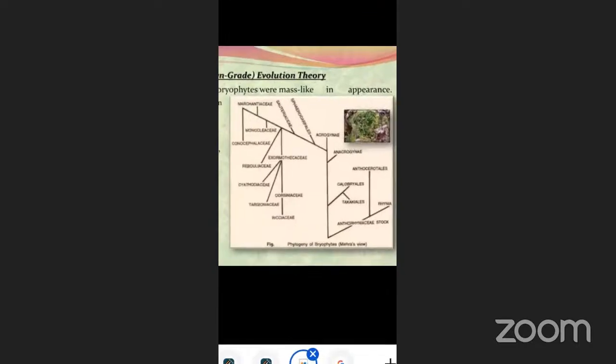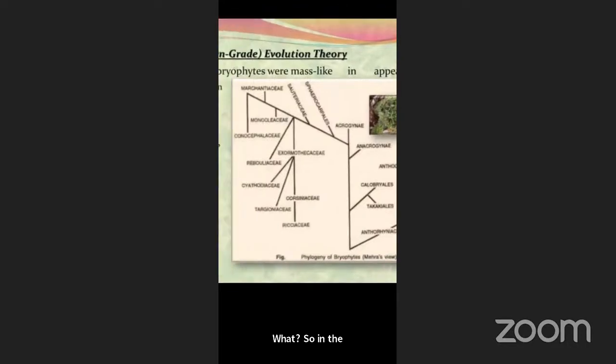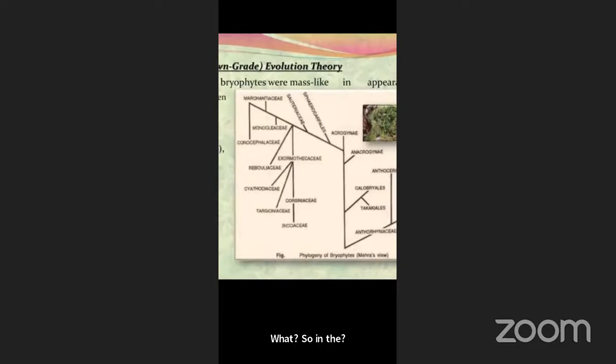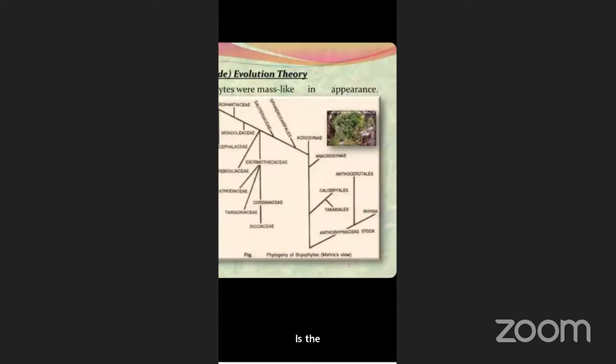Now the retrogressive evolution here. In the retrogressive theory, Marchantia is the advanced development, and Riccia is the advanced type compared to Bryophyta.